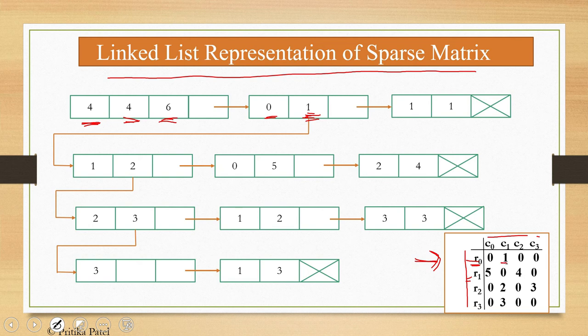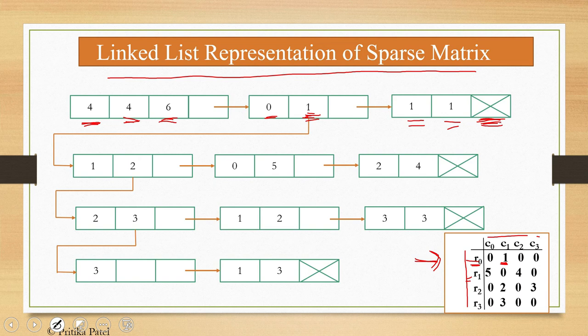So the column node has column number 1 with value 1. And next, if this column points to any other column, we have to point to that next column, but in this row no other column has a non-zero element, so it ends with null.